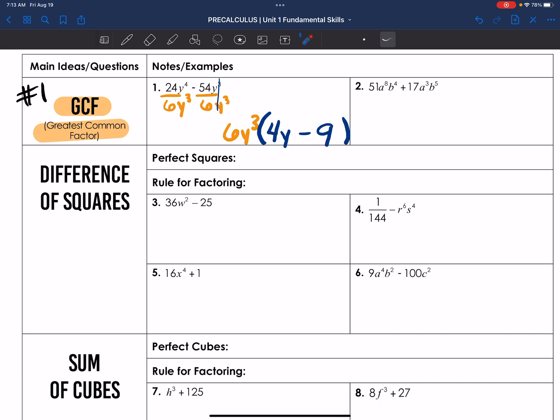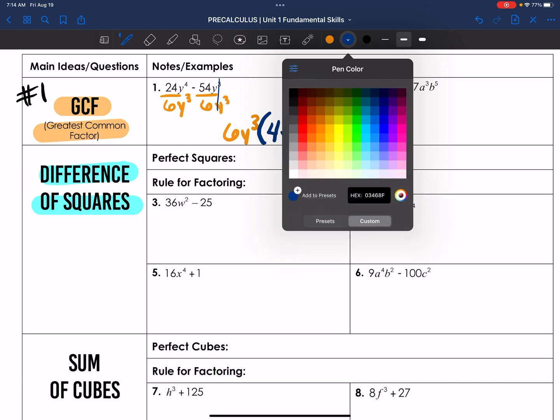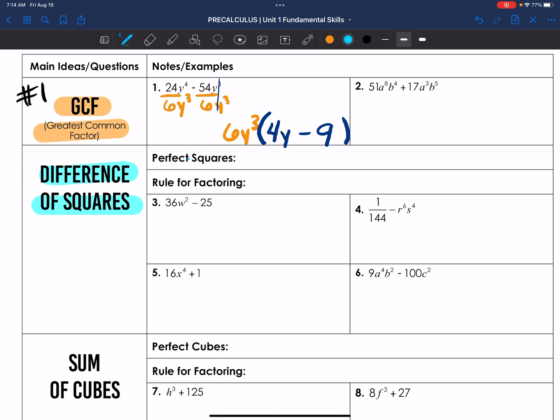All right, now ladies and gentlemen, step number 2, we are going to look at a difference of squares. Well, what does that mean? What is a difference of squares? What I mean by that is, let me get my color here. All right. We have perfect squares.